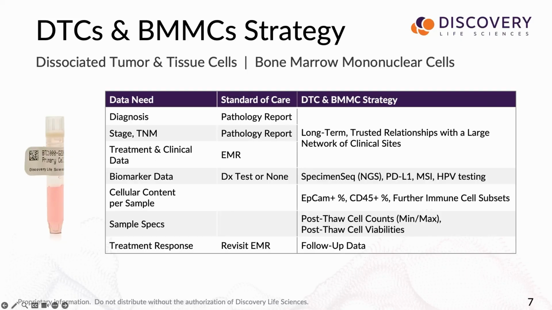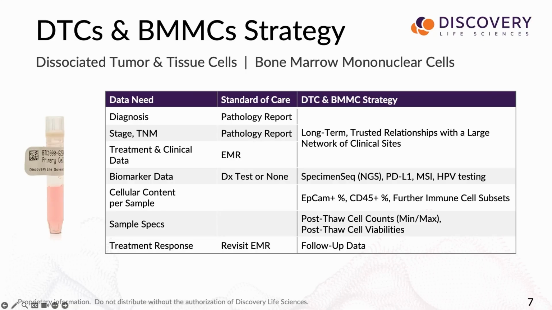Next sample type is our viable cells. So these are dissociated tumor cells, dissociated normal tissue cells, and bone marrow mononuclear cells. Here, our IHC strategy that we use on our FFPE is no longer applicable, and we pivot to flow cytometry in addition to sequencing and PCR to address that need for biomarker data that diagnostic tests do not fill.